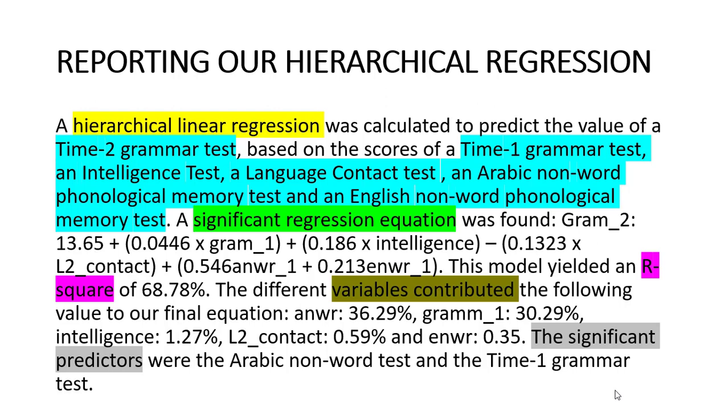We list them all. Then we list the equation that the program found. Then we report the R-square value for our model, and then we discuss the value that the different variables contributed, and from those variables, also reading their p-values, we report what the significant predictors were for our particular research. So this is the way that we would report our research.